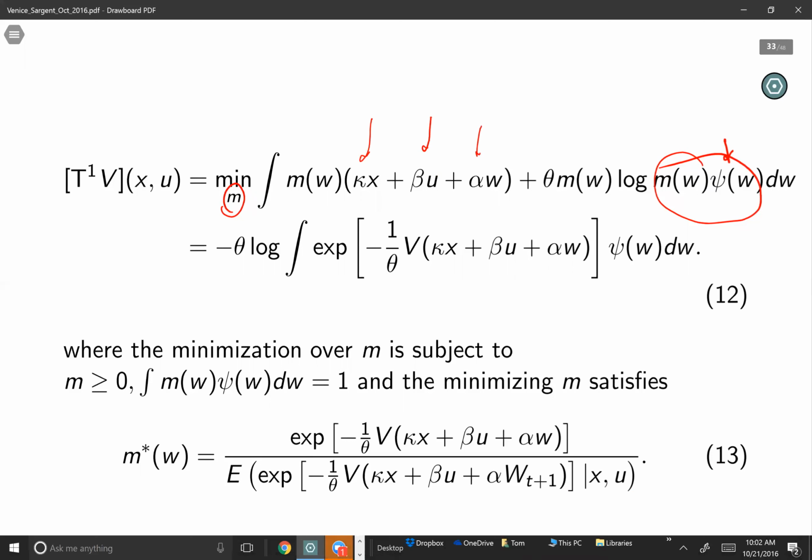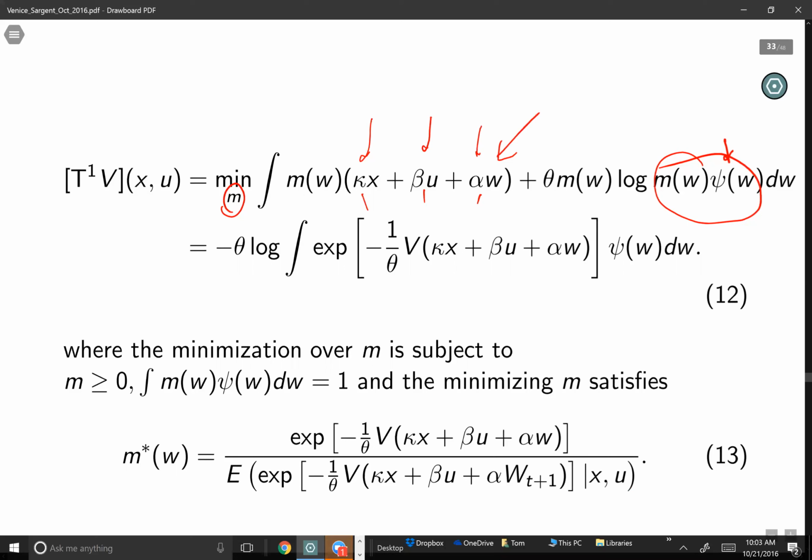But now what I don't know is the conditional distribution of the W's. If you think about it hard, there's a way in which that includes not knowing kappa, beta, really, or alpha, because I can load up a lot into just changing the conditional distribution. I can load a lot of nonlinearities and history dependencies right into here.